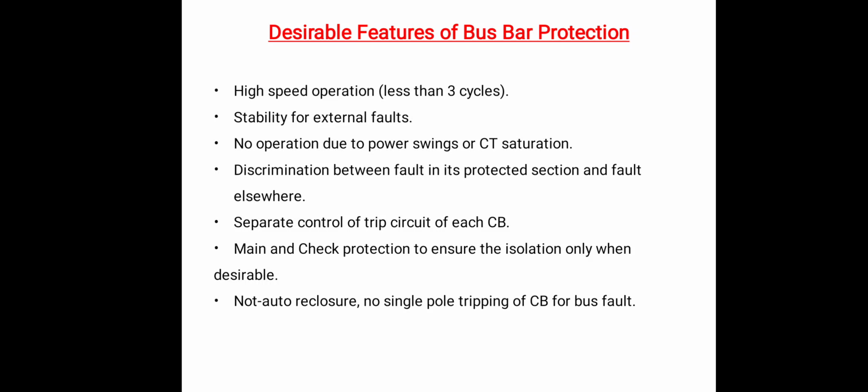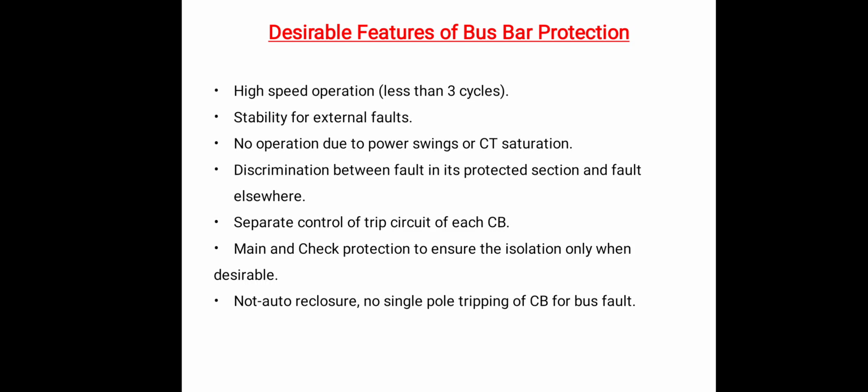That means the protective device must be capable of operating in less than 3 cycles. Next is stability for external faults. That means whenever a fault occurs outside the protective zone, which is called an external fault, our system must be stable. And no operation due to power swings or current transformer saturation.